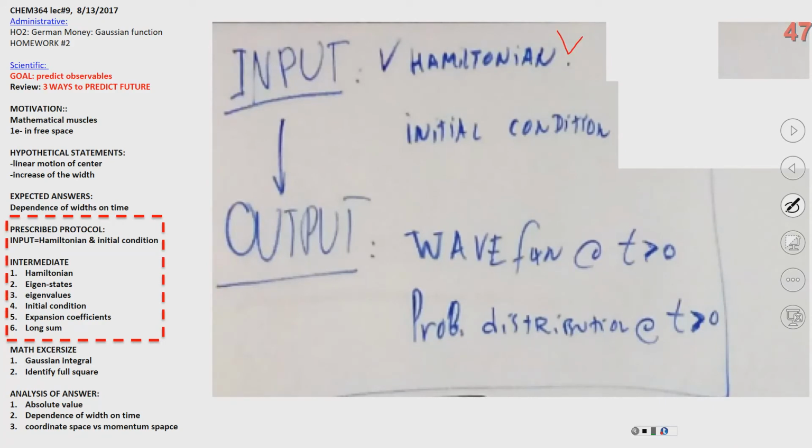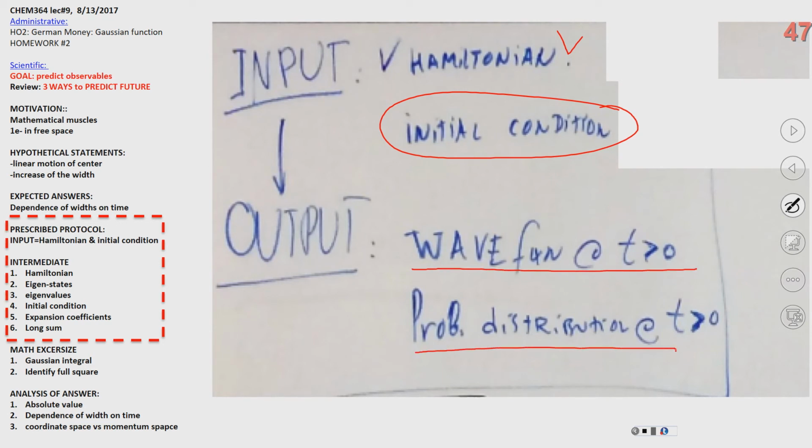So we built the Hamiltonian. We didn't set up the initial condition, which we should do. And our output in our exercise will be to find the function and then construct the probability distribution.